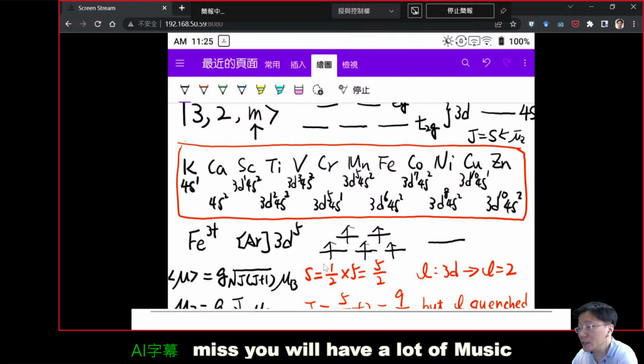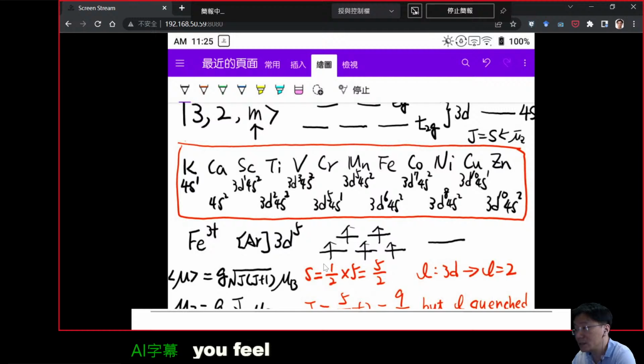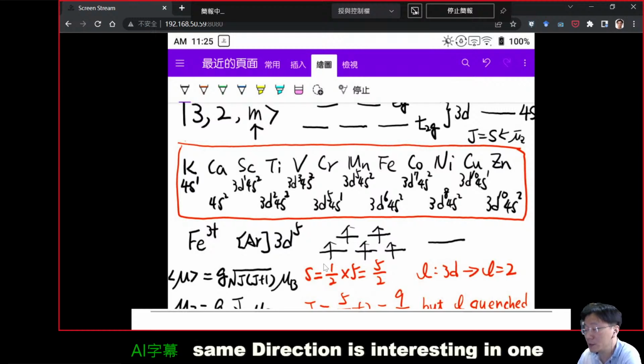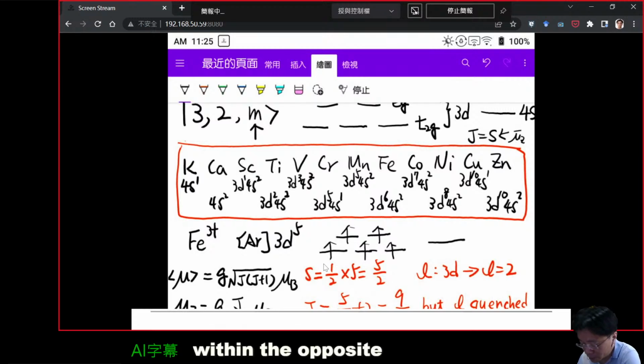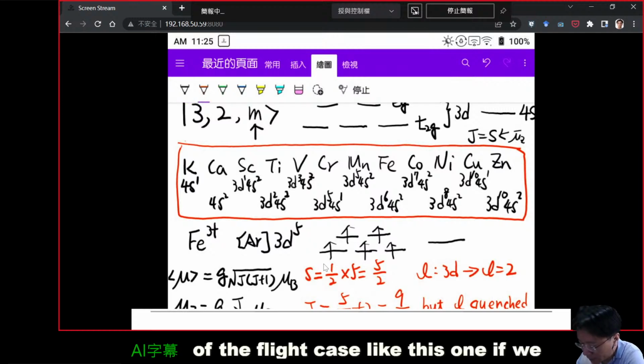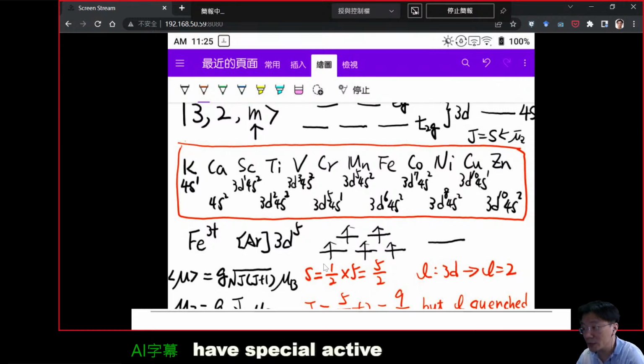And so here, where can you find a very large S? Don't forget that spins will cancel each other if the spin direction in one orbital is in the opposite direction. So we cannot find a case like this one if we have 10 electron spins but they are all anti-parallel.